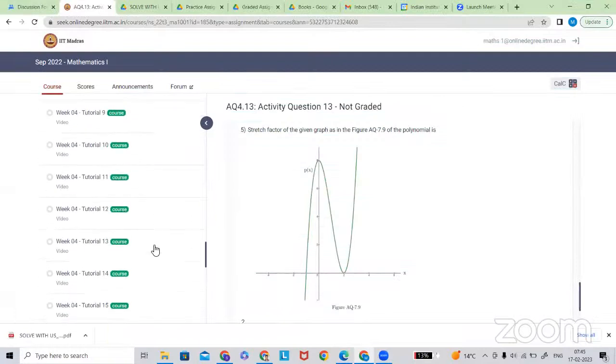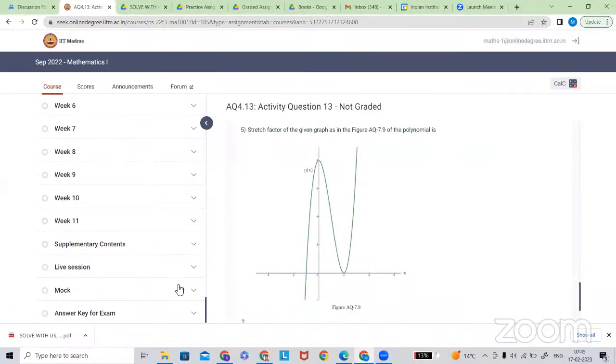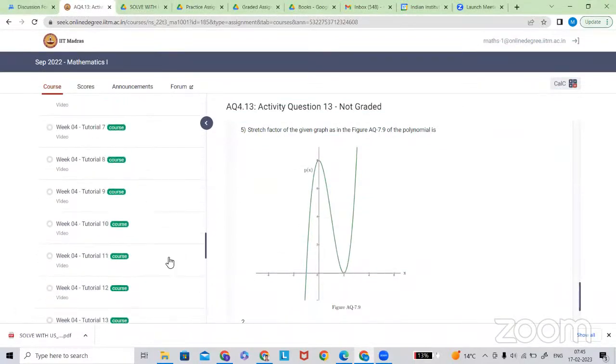Mock scores, you can click on scores. Just a minute. This is an older one.